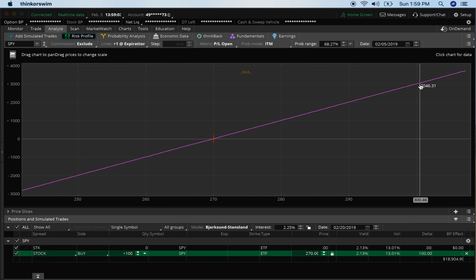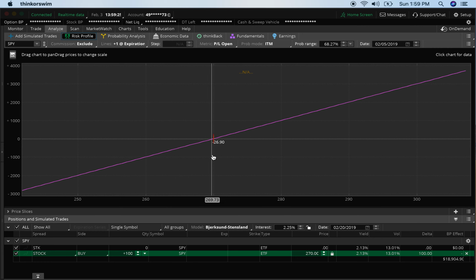Right here. And what's the coordinate on the y-axis? Right here, 3,000. So 300, 3,000 is a point on this line, right? So when the stock's at 300, your profit loss is plus 3,000, right here. You can see it right here.